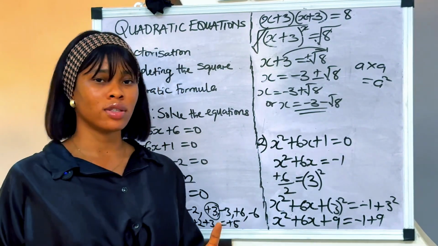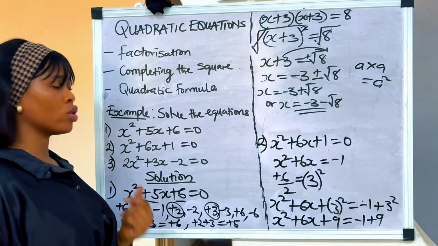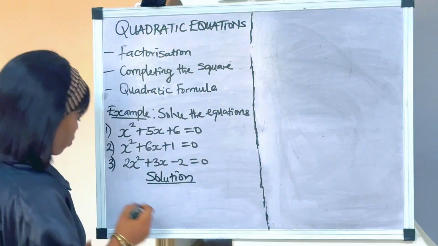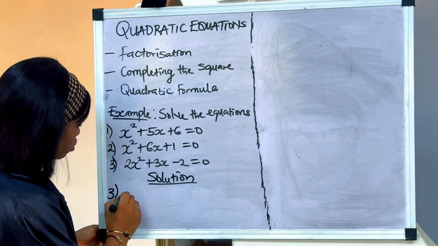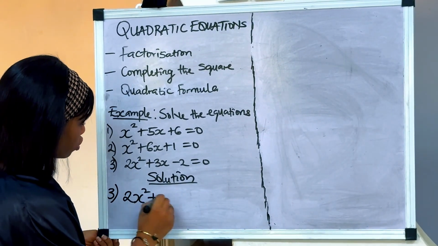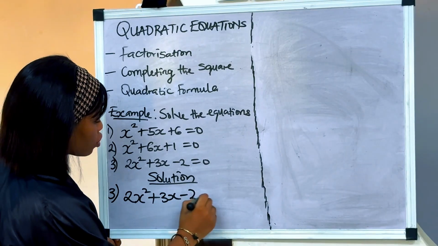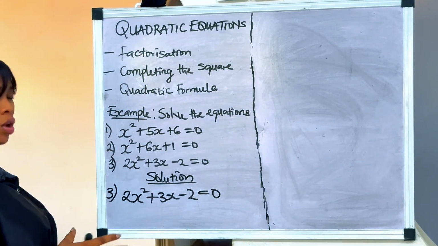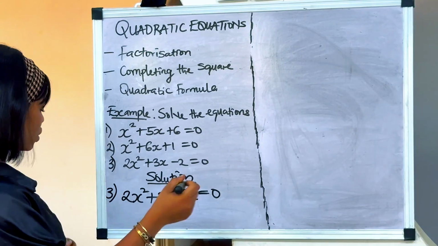Now let's look at the third example using the quadratic formula. Question 3 is 2x squared plus 3x minus 2 equals 0. Now this is what the quadratic formula looks like.